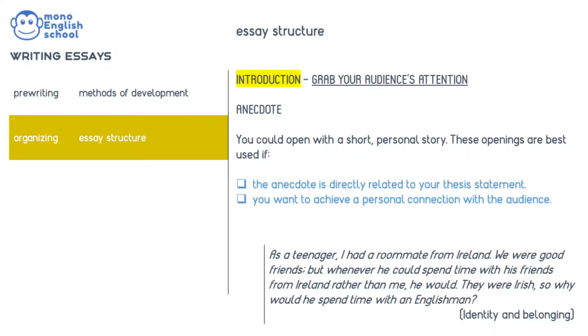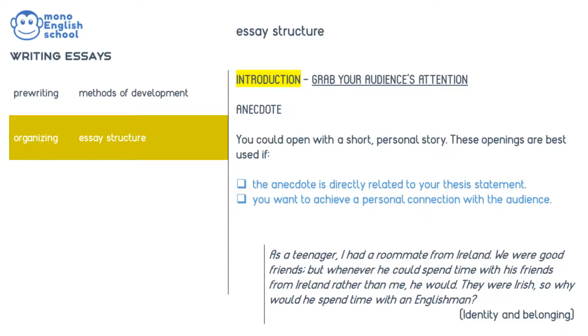Another option would be to begin with an anecdote, a short personal story that is either interesting or humorous. This works best if your anecdote is directly linked to your thesis statement, and you want to achieve a personal connection with your audience.